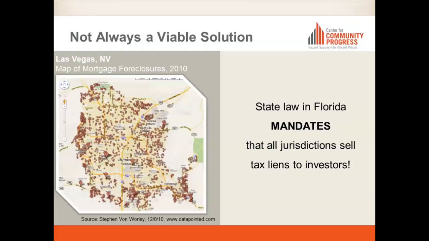So go back to that first slide: basically it eliminated that pipeline of tax foreclosed properties that a land bank could connect to. Again, in Florida, they're prioritizing the investors over predictable outcomes and local government's ability to deploy this tool.